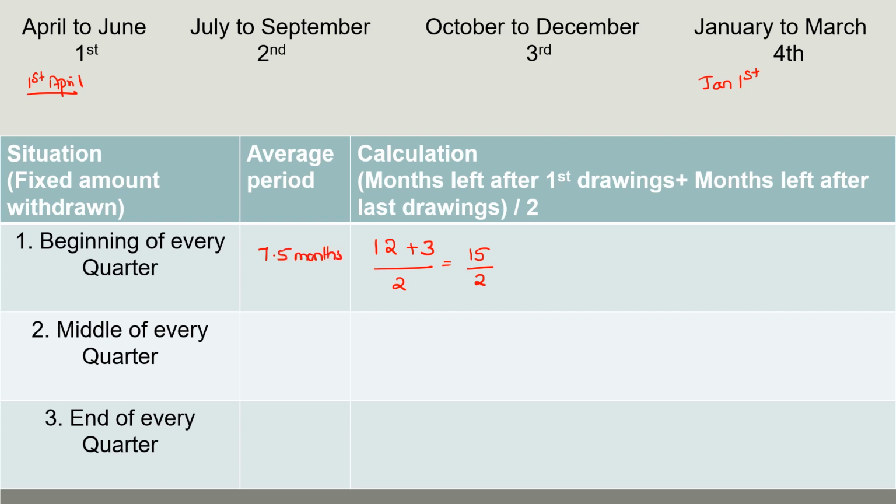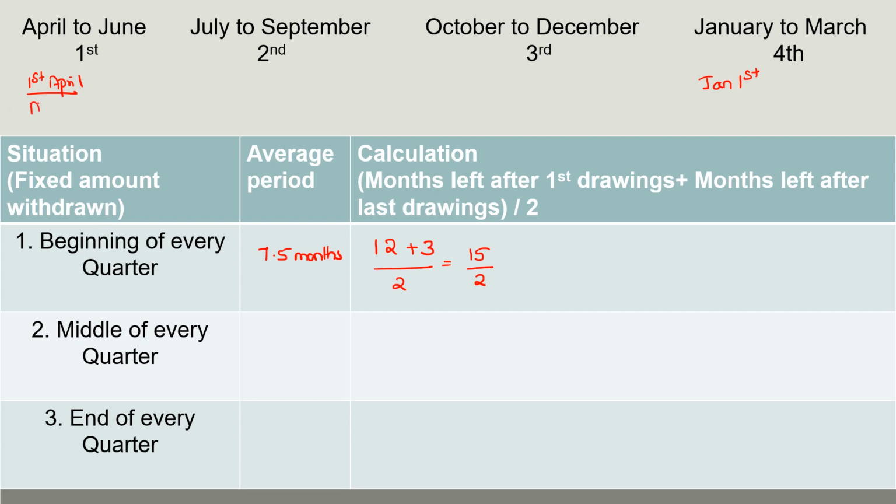Hope it's clear. Now moving on, we will take if the partner withdraws in the middle of every quarter. Now the first quarter and the last quarter are what is important. In the first quarter, the months involved are April, May and June. And if it is withdrawn in the middle of every quarter, May is the middle month. In the May month, the middle is May 15th.